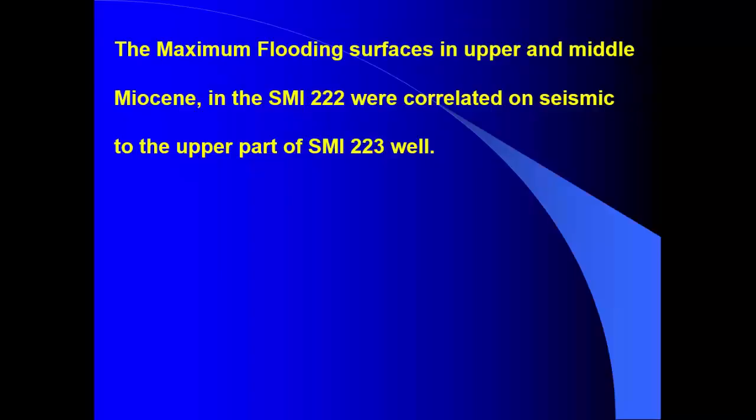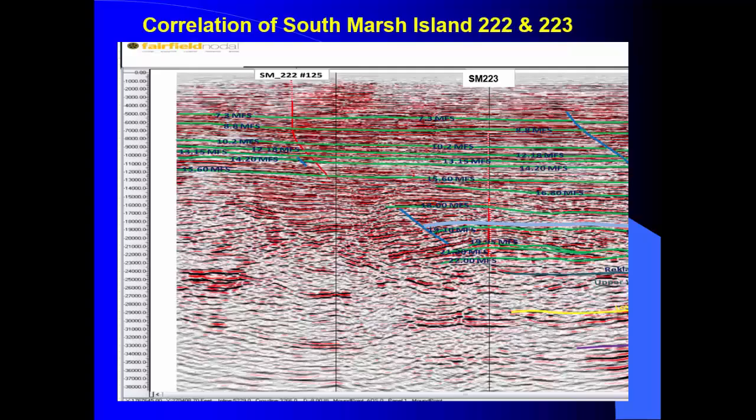And the maximum flooding surfaces in the middle upper Miocene in the 222, the first well I showed you, are correlated now in order to move on down with ages. So we've identified here the 222 and 223, and now all these nice maximum flooding surfaces are moving across.